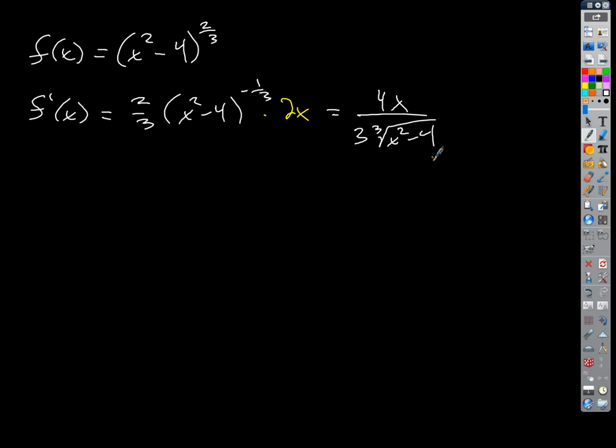Agreed? Okay, what's the domain of this function? Good, it's negative infinity to positive infinity. Do we have to worry about having a negative value inside this? It's an odd root, so we're okay.